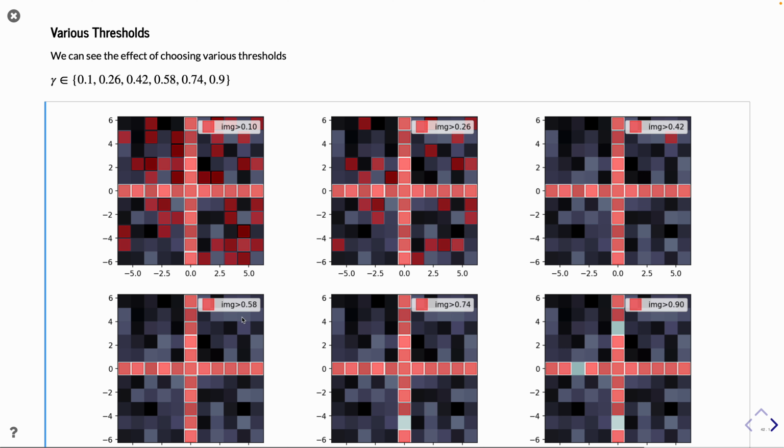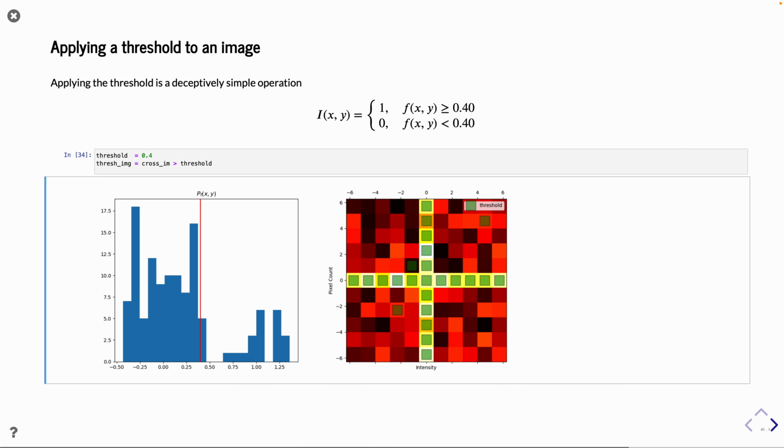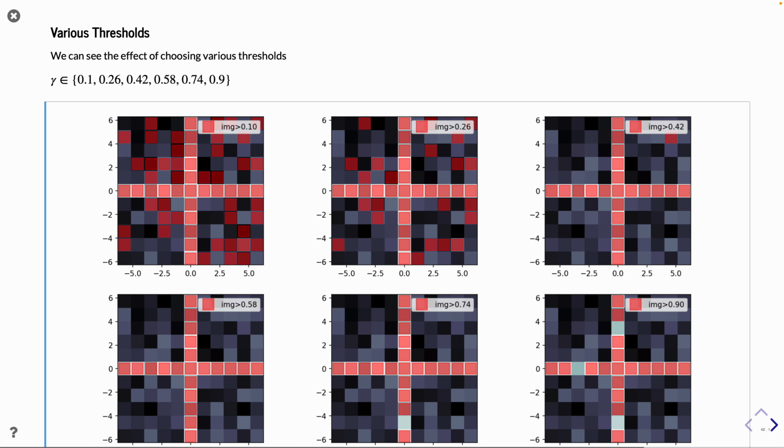And if we go back a couple of slides, we can see here that that was at about here. And we have a nice separation between the two classes in this case. And if we increase the threshold even further, then we start seeing that we actually lose pixels from the cross. And at the very high threshold, you have lost even more pixels.